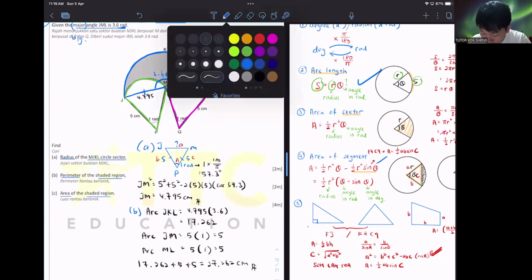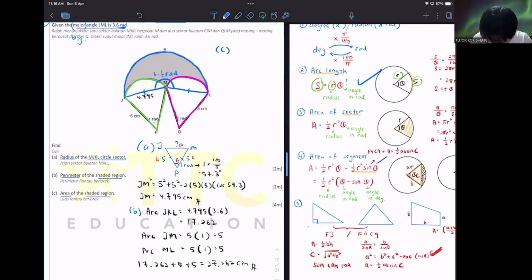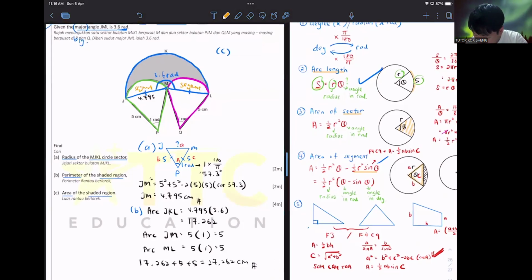And these two small little parts are actually the segments. So this question here, we need to go through two formulas. The blue color one is the sector area, and the green and purple color will be the segment area.